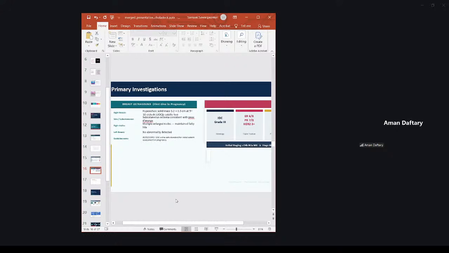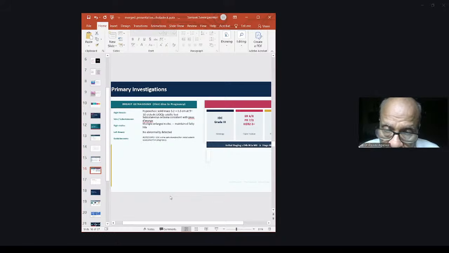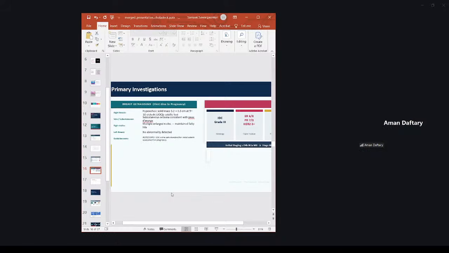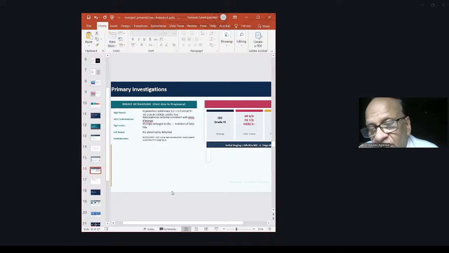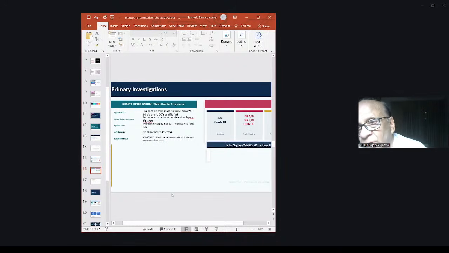If there are multiple enlarged nodes, they can have a fatty hilum, but the cortical thickening is probably increased, which has not been mentioned in this report. So you absolutely need to repeat the ultrasound. The way the picture is, it looks like the nodes are enlarged, and if you are feeling them, we are probably going to see cortical thickening. And with any tumor more than 5 centimeters with peau d'orange, clinically 10 centimeters, and large nodes, I cannot ignore those nodes.